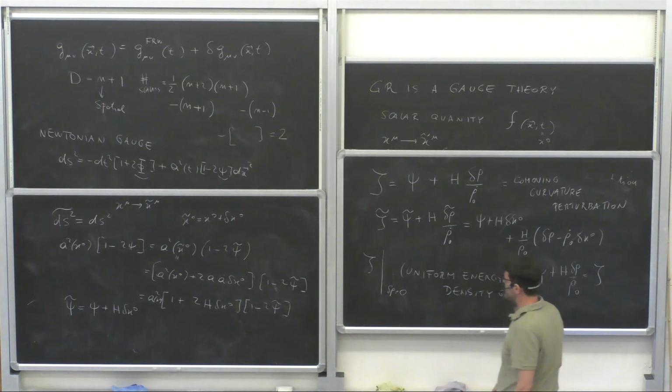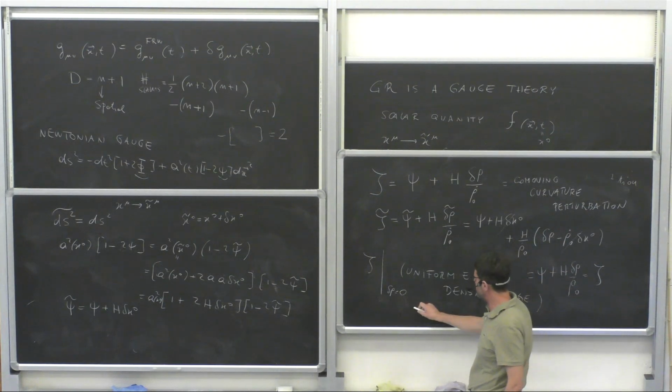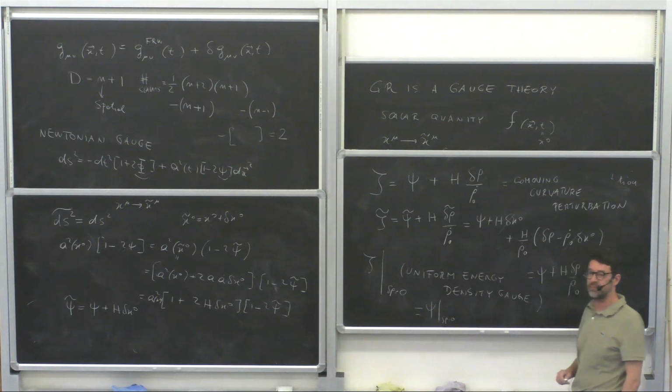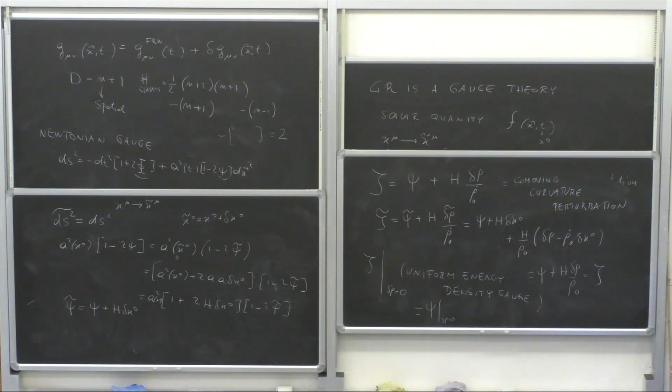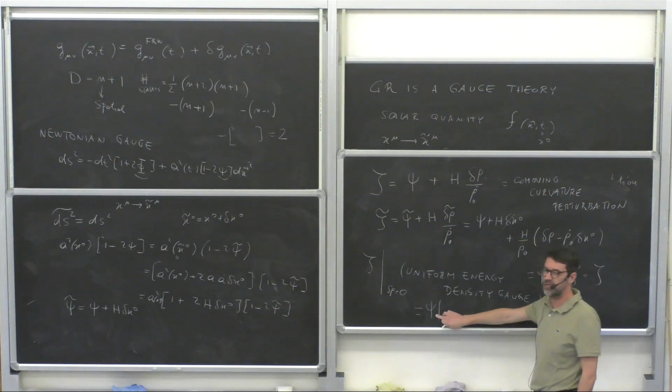Okay? Zeta in a gauge in which delta rho is always 0 at any point will be equal to psi, but I have to remember that it is in this gauge, so I put also a label delta rho equals 0. So the comoving curvature perturbation in the gauge in which delta rho is 0 is nothing else than the gravitational potential in that gauge.